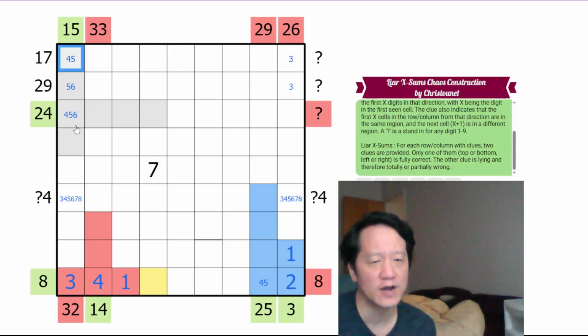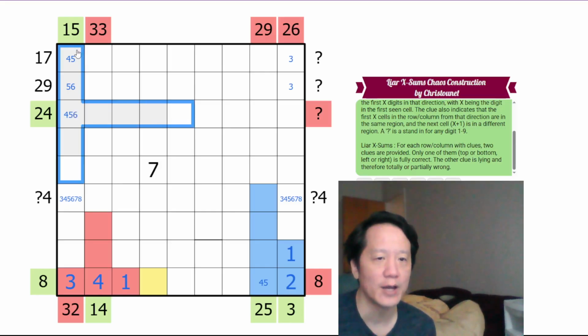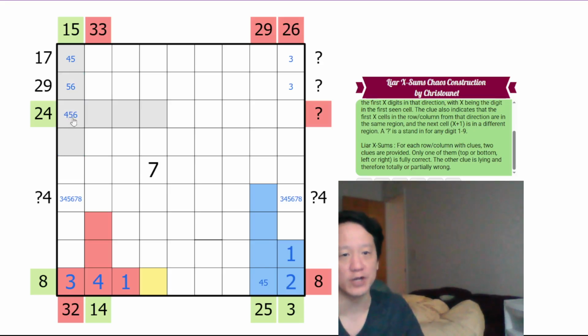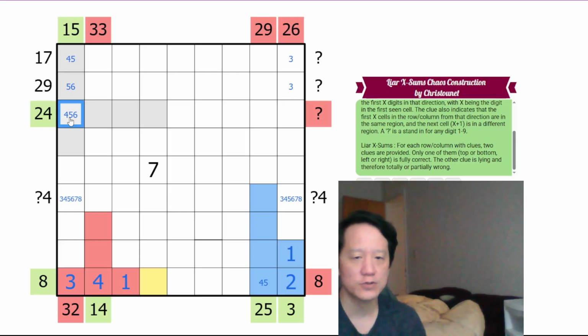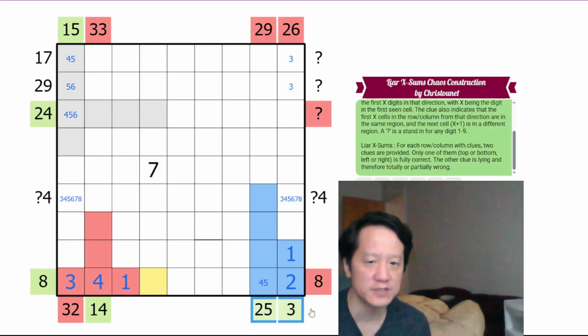So you can't have 5 and then 4. This is guaranteed. So since this is guaranteed to be 3, this has to be all 9 digits if this is 4 and 5. But that's going to add up to, at most, 39, already including this cell twice. And that's too small of a sum. So this cannot work. One of these is invalid.